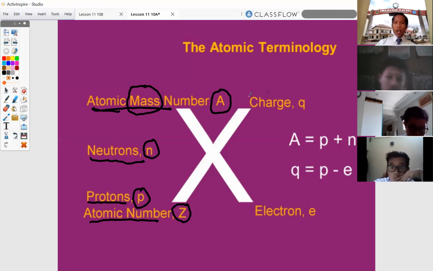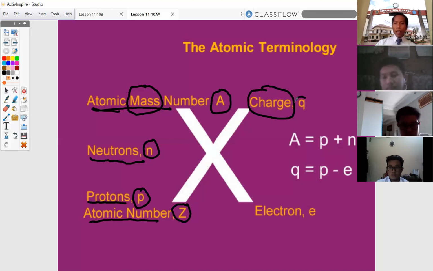We have also charge. Charge is the one that will make the atom have a charge. Charge can be positive, negative, or zero, a neutral charge. This symbol will tell you about the electrical properties of the atom, whether it is positively charged, negatively charged, or neutral.